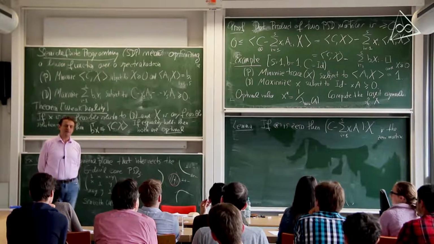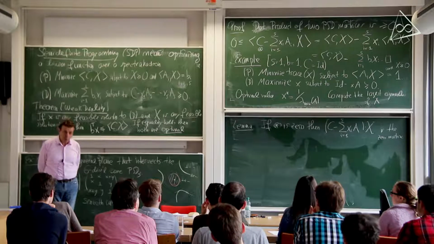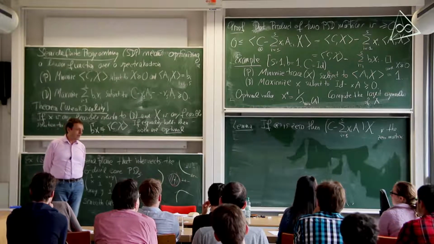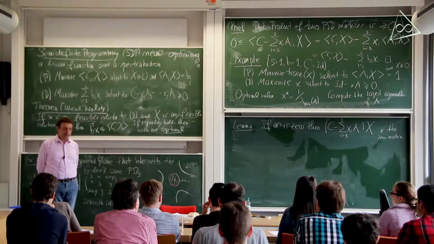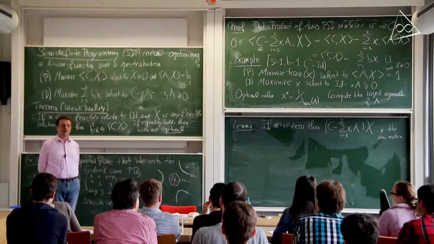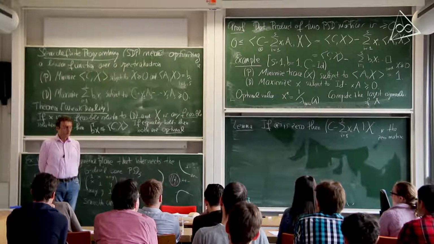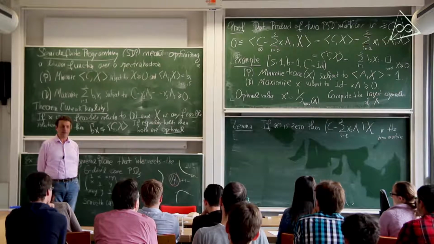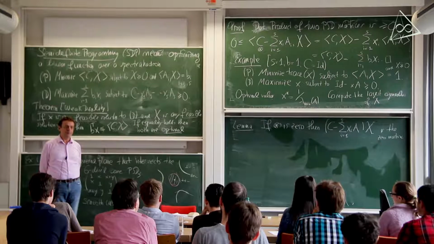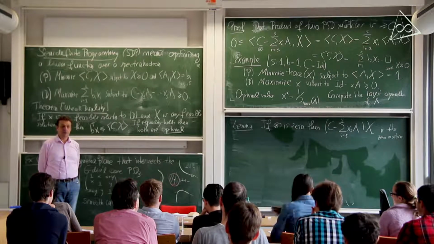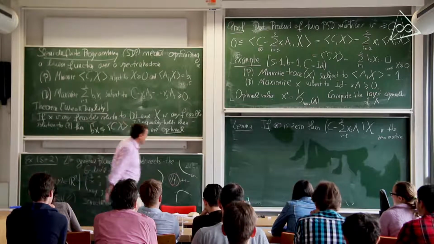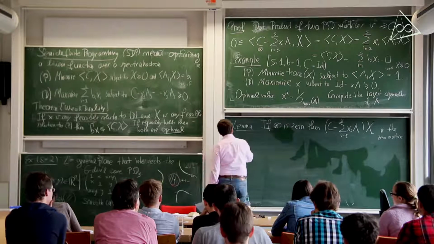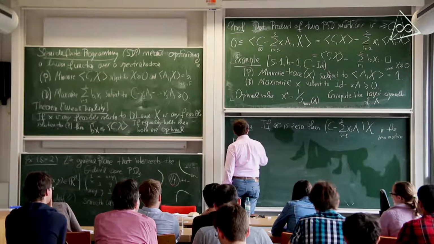If I have two positive semi-definite diagonal matrices and the inner product is 0, then their matrix product is 0. True, right? If you have two non-negative vectors whose dot product is 0, then their coordinate-wise product is the 0 vector. Same in the non-abelian case of matrices. That's the lemma.